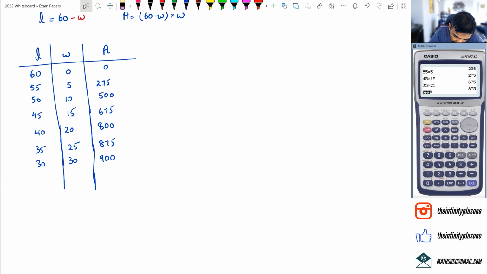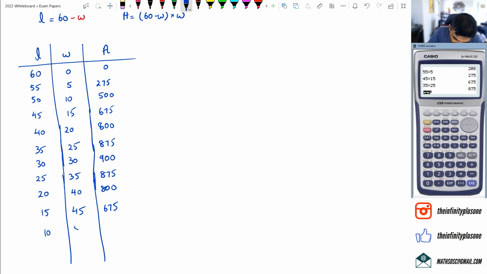Eventually this whole table is going to come back, because you're going to get 25 and 35, which is 875. Then 20 and 40, which is 800. 15 and 45, which is 675. 10 and 50, 500. 5 and 55, 275. 0 and 60, 0.